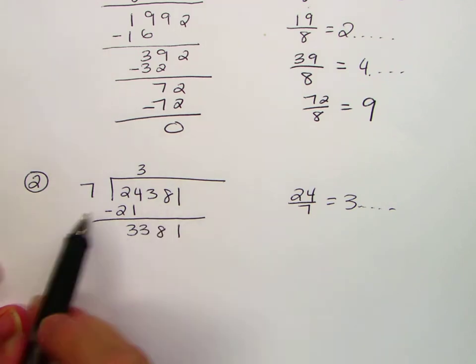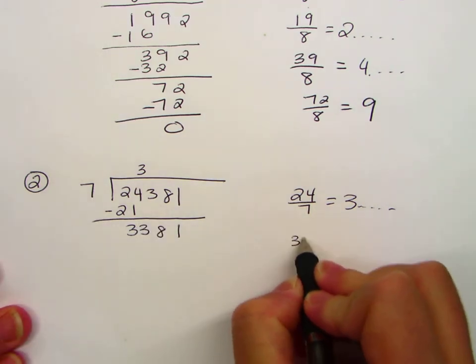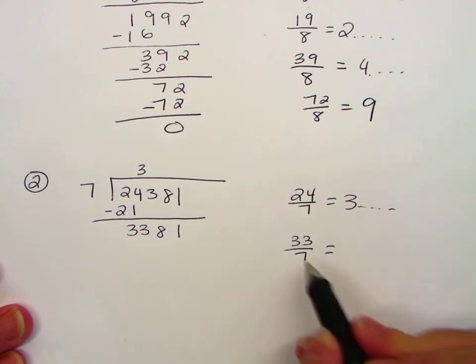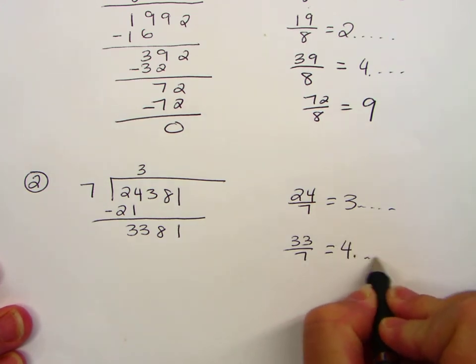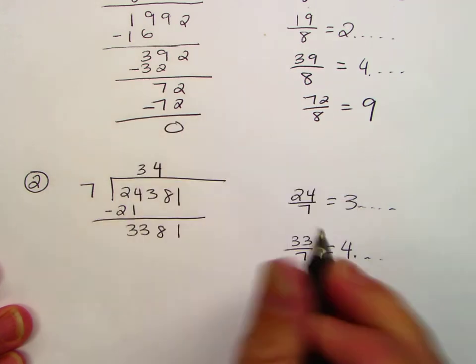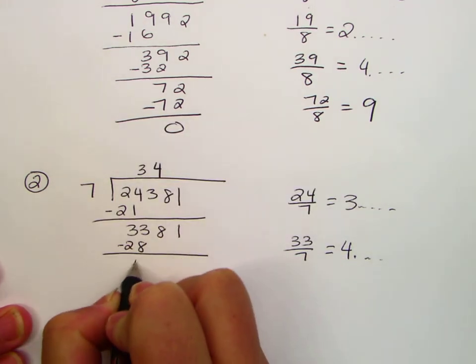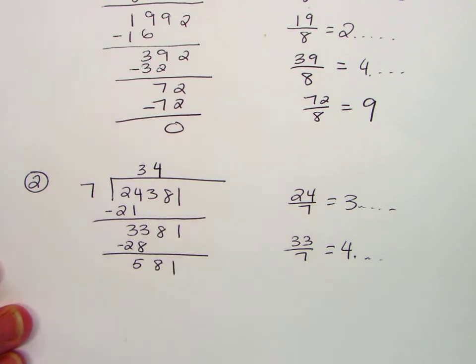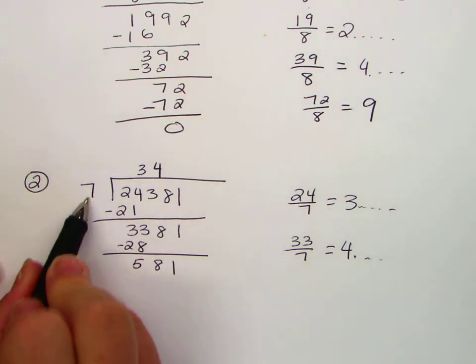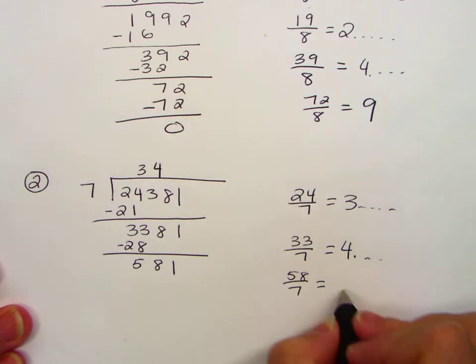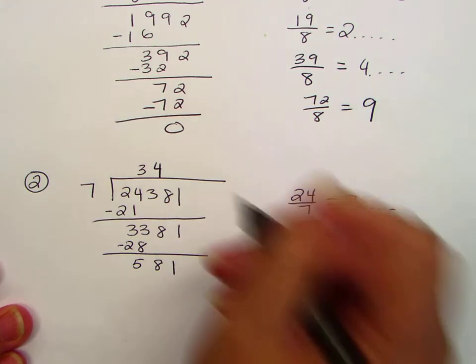Okay. 7 into 33. What's that? 5 is too big, so it's 4 point something. Put a 4. 7 times 4 is 28. Subtract. You get 5, 8, 1. Now how many times does 7 go into 58? 58 divided by 7 is 8 point something.